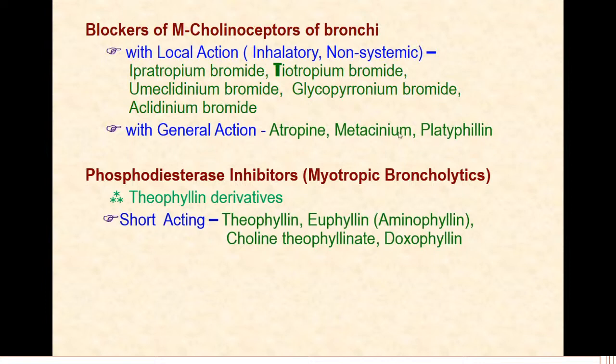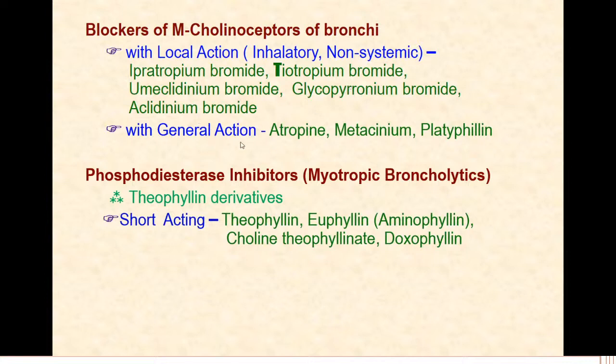Sorry, also decrease of secretion of gastric juice, decrease of peristalsis, and also impairment of vision. These drugs, used in the form of inhalation, don't cause these side effects.